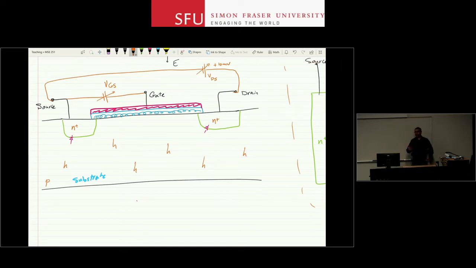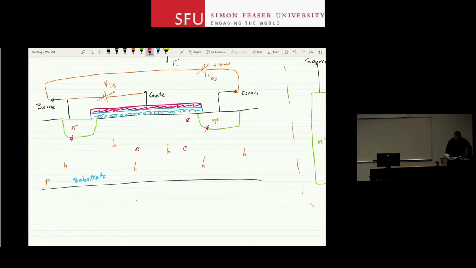The other way of thinking about it is that you can bring electrons to the surface. So you obviously have electrons in both P and N-type semiconductors. But in a P-type semiconductor, you have way more holes than electrons. In an N-type semiconductor, you have way more electrons than holes. But you definitely have electrons here and there in both cases.